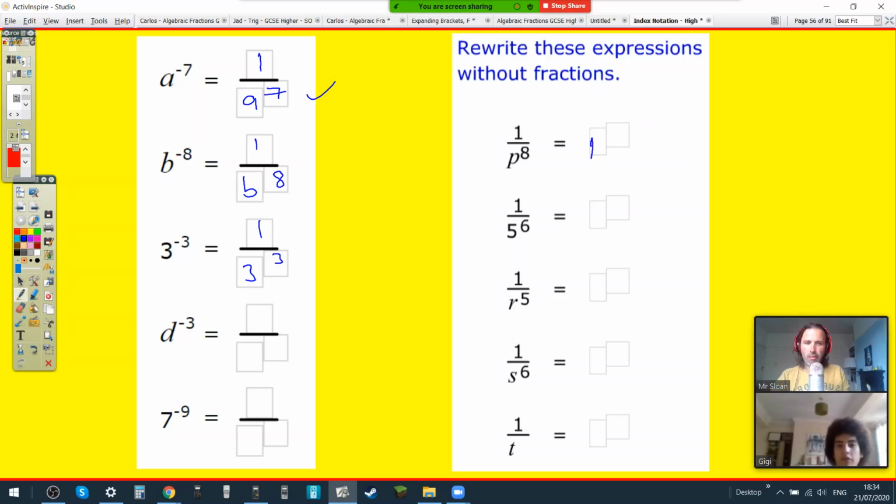P to the power of minus 8. Yep. How about the very last one? T to the power of minus 1. Well done. Sometimes you can make them simpler. Like 3 to the power of 3 is 27, so you could say that's 1 over 27. But sometimes it'll be like 7 to the power of 9, which is some enormous number. And so let's just leave it like that.